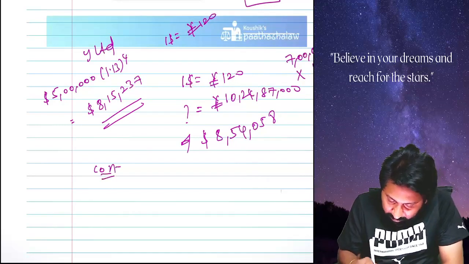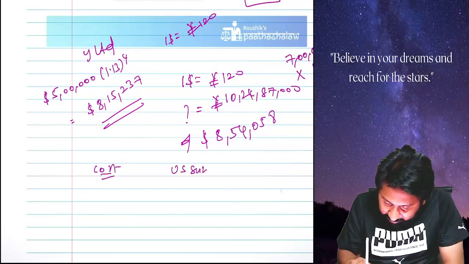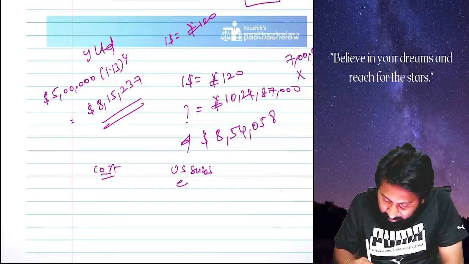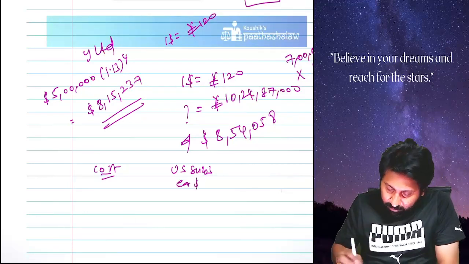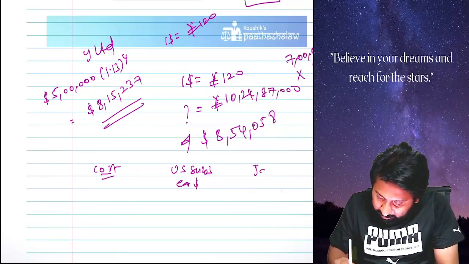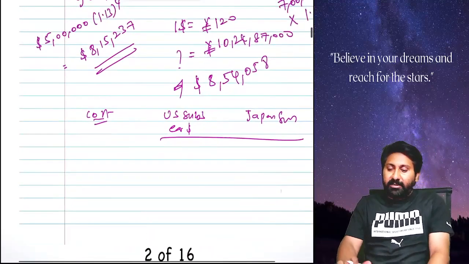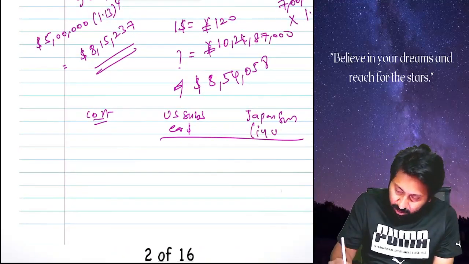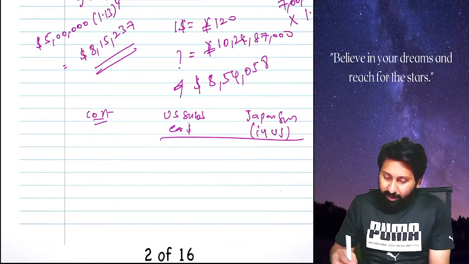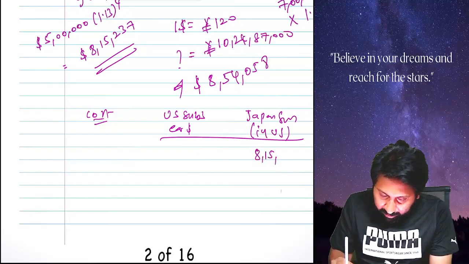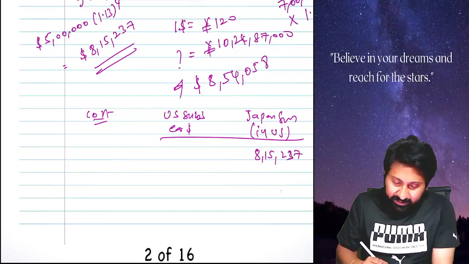Cost: US subsidiary equivalent dollars, and Japanese subsidiary. This is in USA already. So tell me, they are paying $8,15,237.